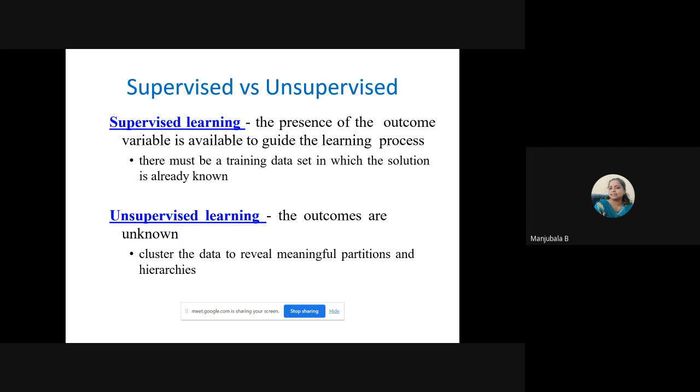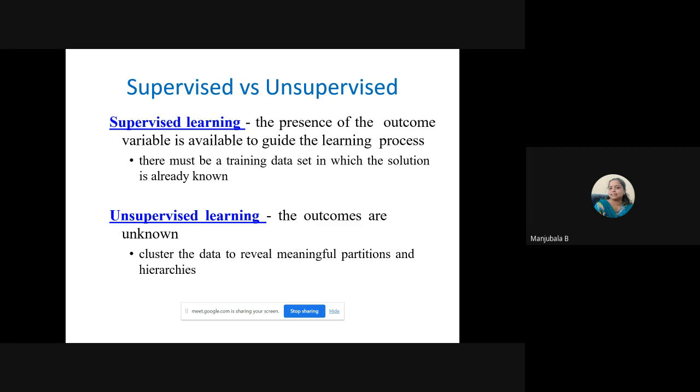Coming to unsupervised learning, generally there is no labeled data in this case, so the outcomes are unknown. That means for a given set of input attributes, there is no output. So we have to cluster the data, group the data to reveal some meaningful information present inside it.